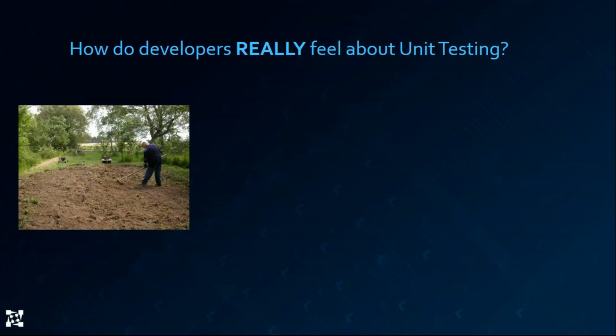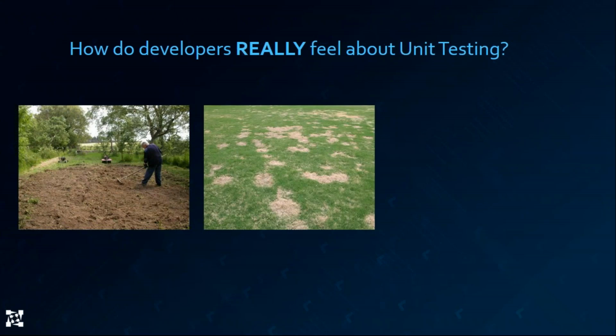If I'm going into something where the tests don't exist, I've got, in essence, a blank field that I've got to start cultivating before I can even get going. Plus, I can't just do a little bit and say I'm done. I have to make sure I have comprehensive coverage.